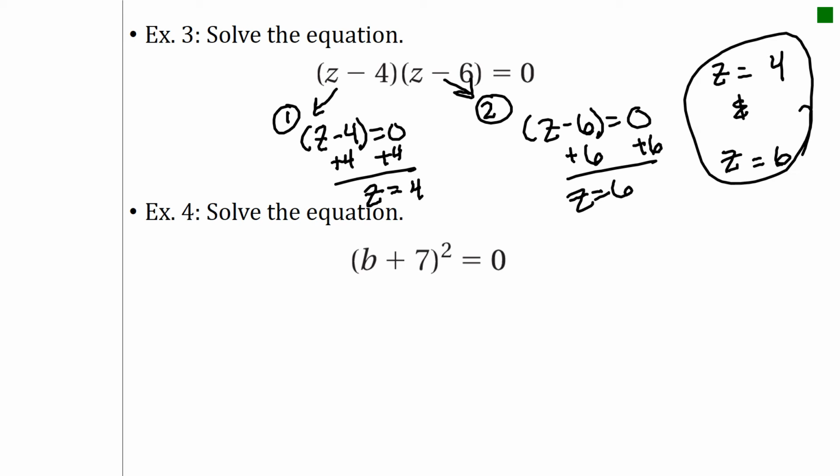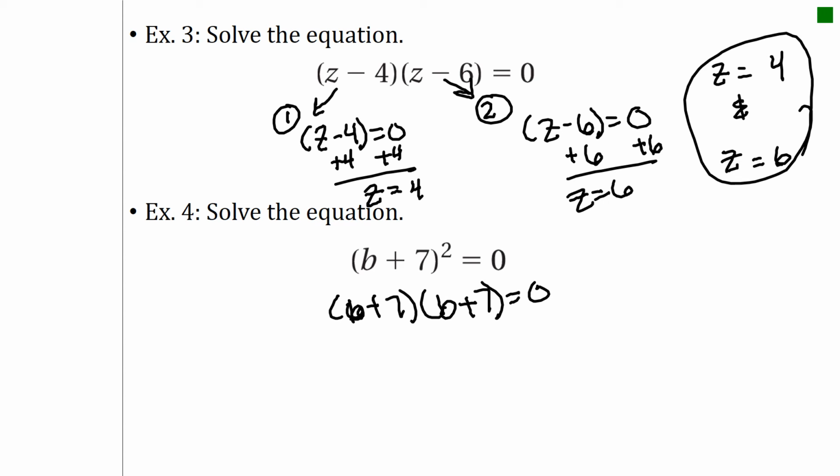You did it. And the last way you will see a quadratic is when it has a binomial that's squared. Really, this means b plus 7 times b plus 7.